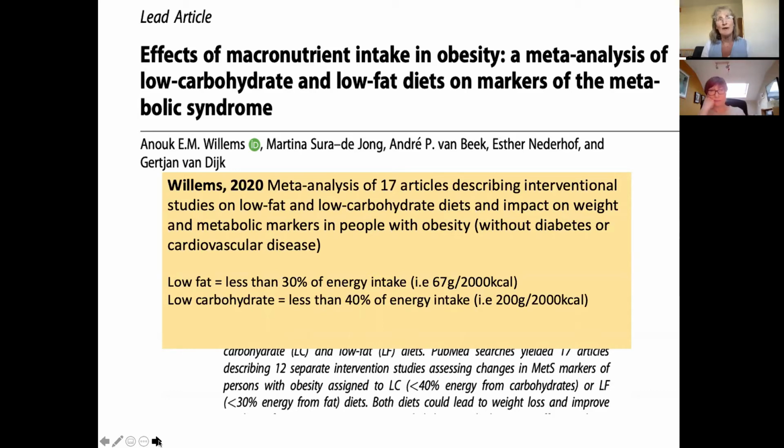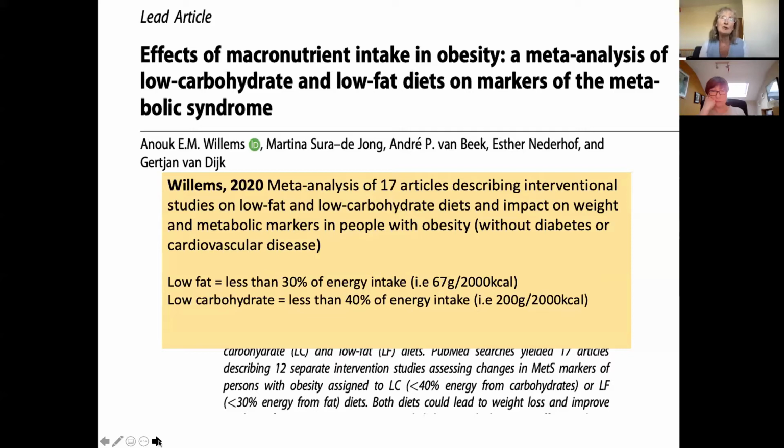So they looked at low-fat diets and they looked at low-carbohydrate diets. And they looked at both the impact on weight reduction, but also those metabolic markers that Sue has talked about. And they were looking specifically at people who were already obese, but these people didn't have diabetes or cardiovascular disease. They just had the weight issue.